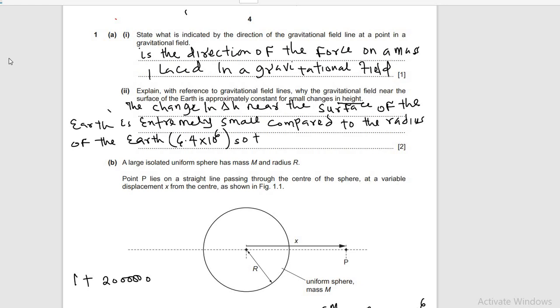So the field lines are approximately the same as on the surface of the Earth. That's the reason.